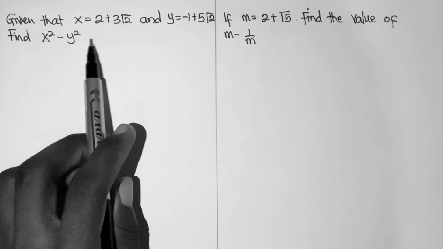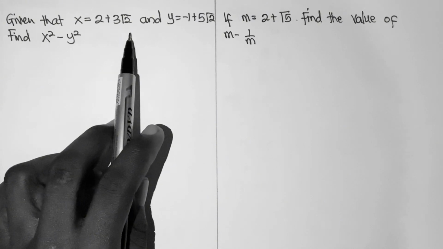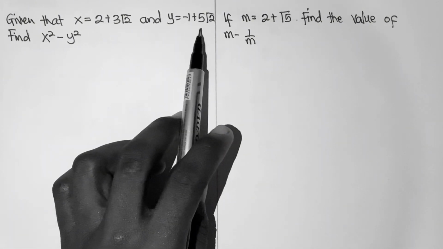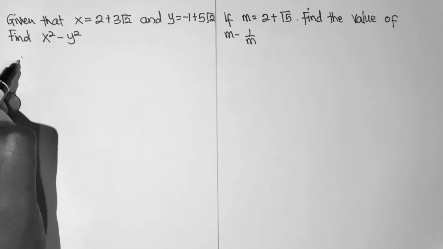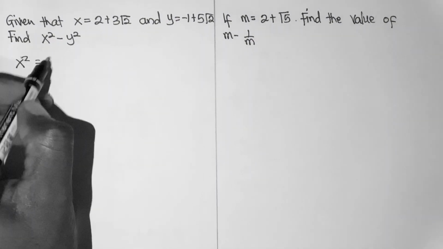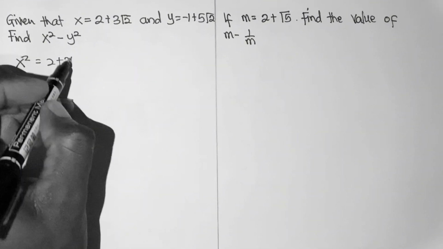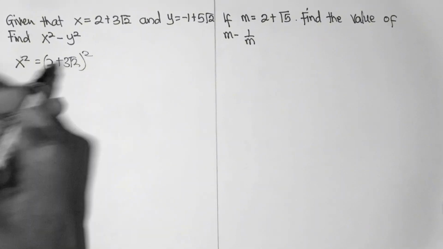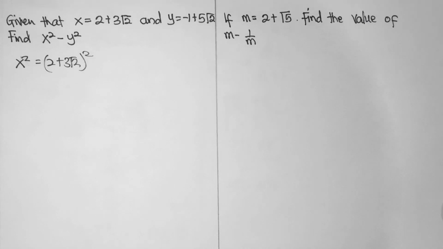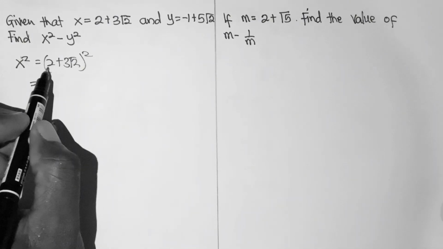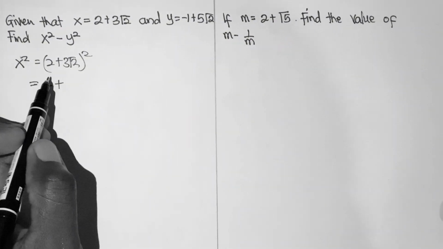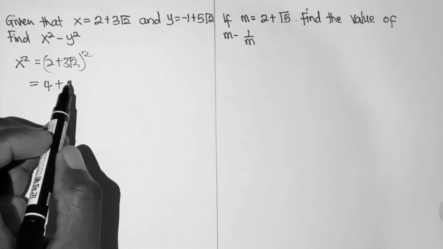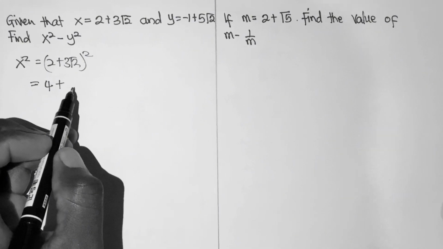Given that x is equal to 2 plus 3 root 2 and y is equal to minus 1 plus 5 root 2, find x squared minus y squared. So x squared is equal to 2 plus 3 root 2 all squared. So binomial expansion, as usual, 2 squared is 4, then plus 2 times 2 is 4 times 3, that is 12.